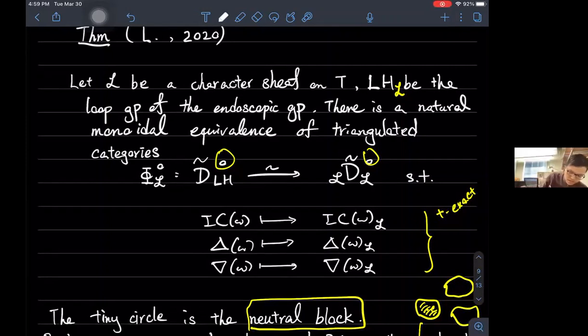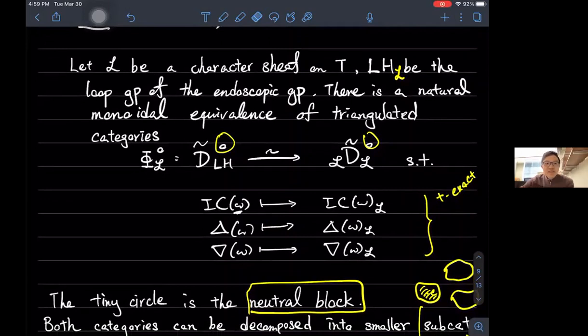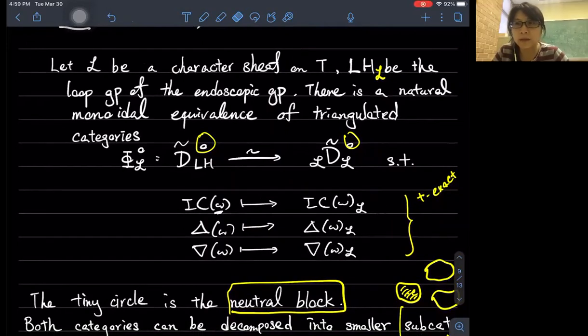And because W index W is some element in the alpha bar group, I think I will stop here. Thank you. Are there any questions or comments?